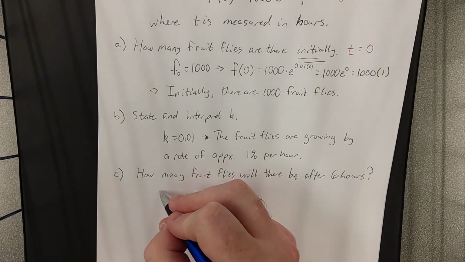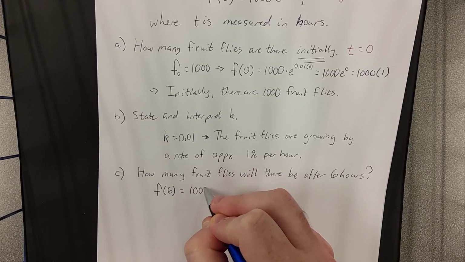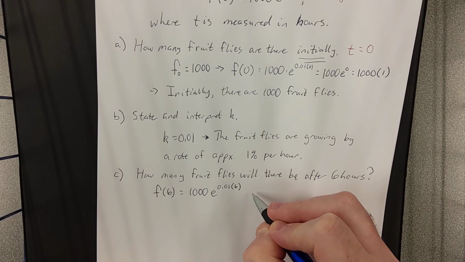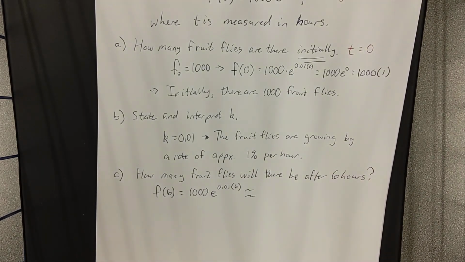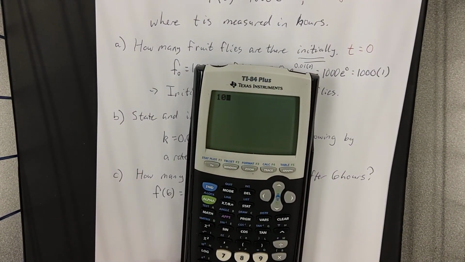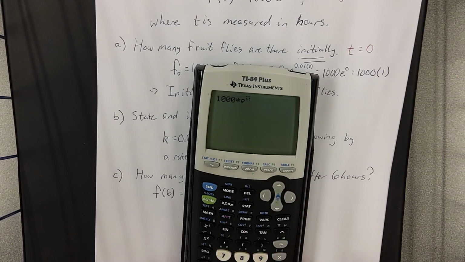However, when we plug it into the model by saying, let's do f of 6, so 1000 multiplied by e raised to the 0.01 times 6 power. This is a point where we can allow the calculator to take over. So in our calculator, we'll type in 1000 times e raised to the power of, and we'll use parentheses just to make sure, 0.01 times 6.